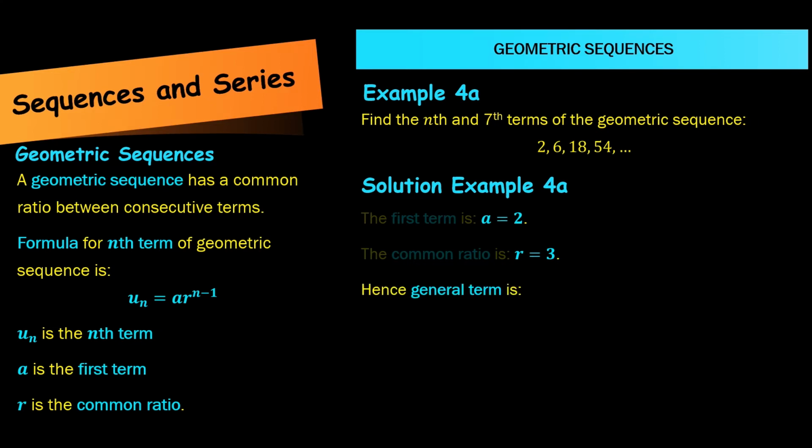And therefore, the general term u_n equals a times r to the power n minus 1, is equal to a, which is 2, times r, which is 3, to the power n minus 1. And therefore u subscript n is 2 times 3 to the power n minus 1.